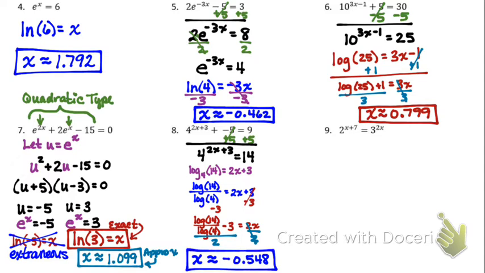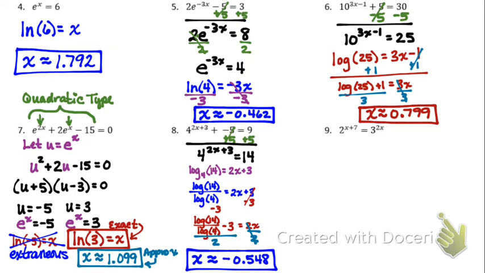All right, last one on this side. Number 9. Can I even do things to both sides right now? I can't add things to both sides. I can't multiply or divide things to both sides. Are my bases the same? Any other problem that we've had that looks like this, our bases are the same, or we can make them the same.